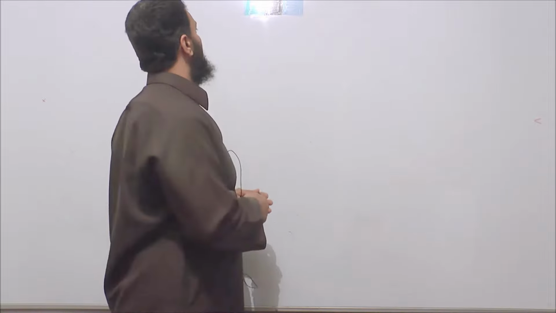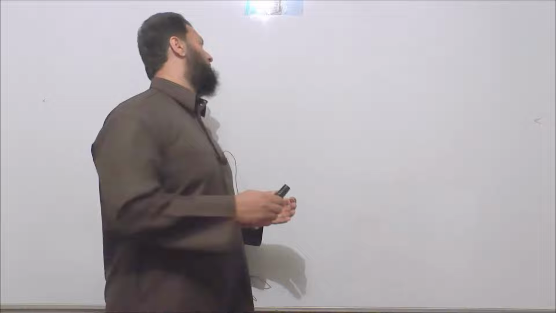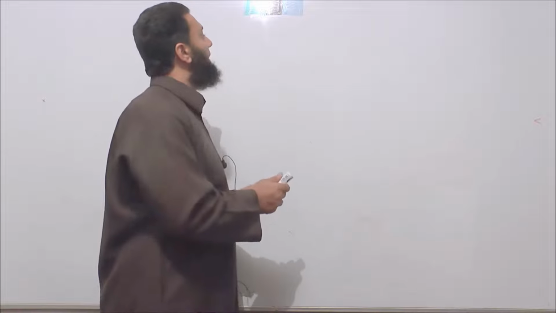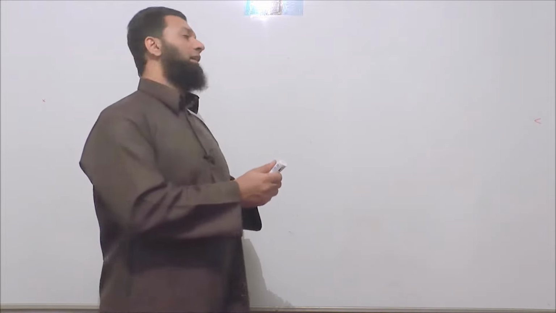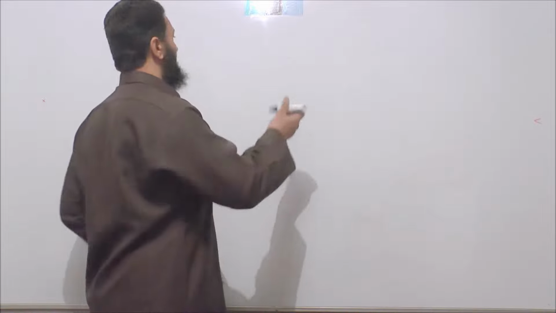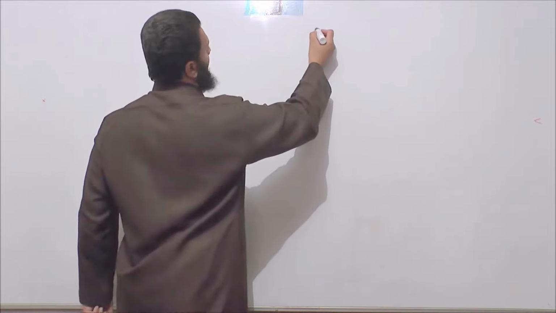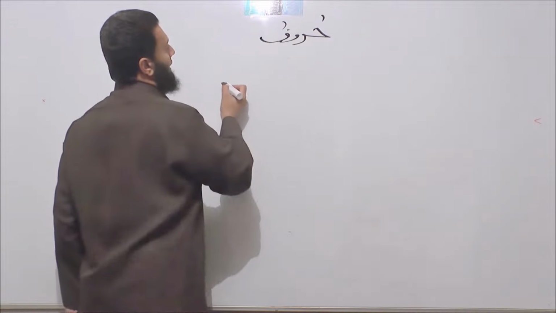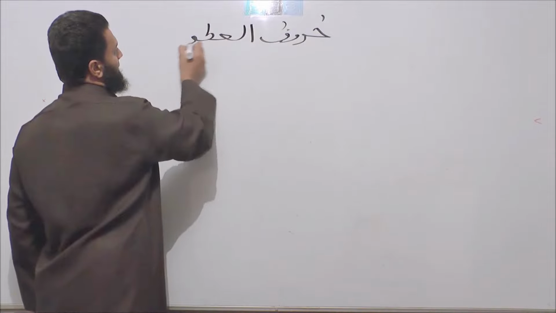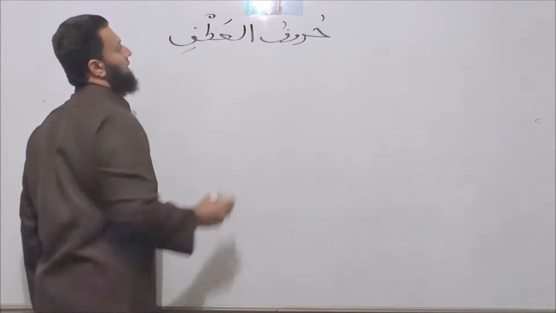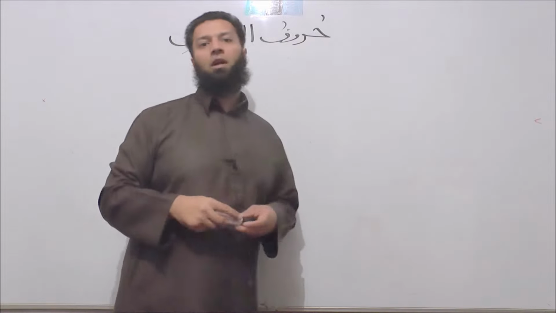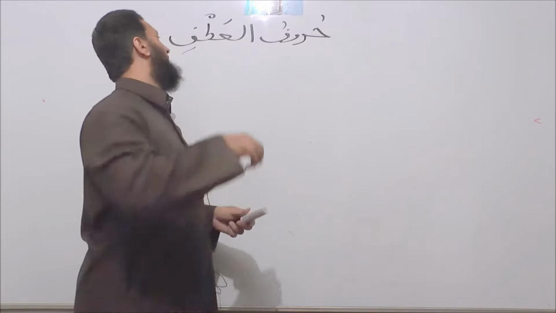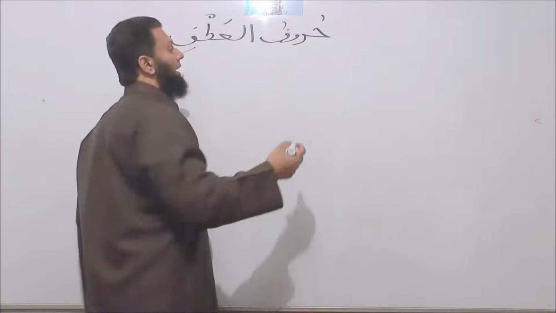In today's lesson, بإذن الله تعالى, we're going to speak about a subject which is very common and we encounter it all the time when we read Arabic texts and when we speak, and that is the subject of what we call حروف العطف. حروف العطف are the letters of al-atf, and al-atf is from the verb عطف.